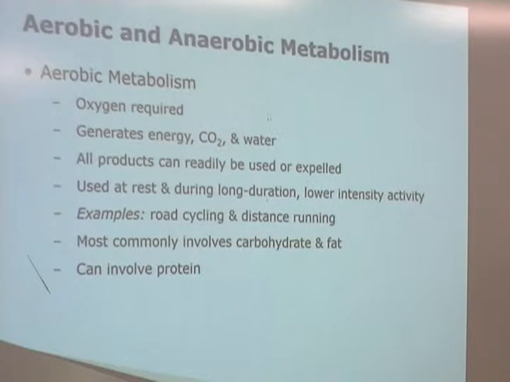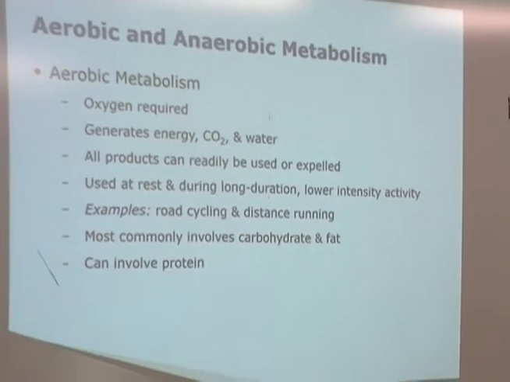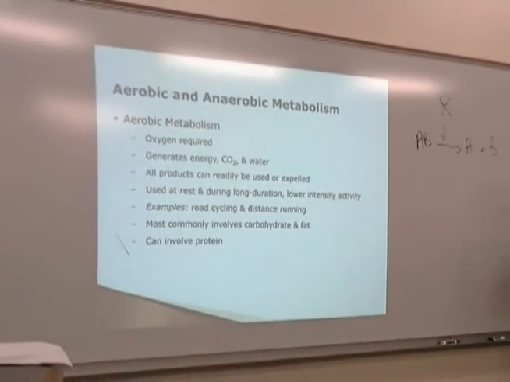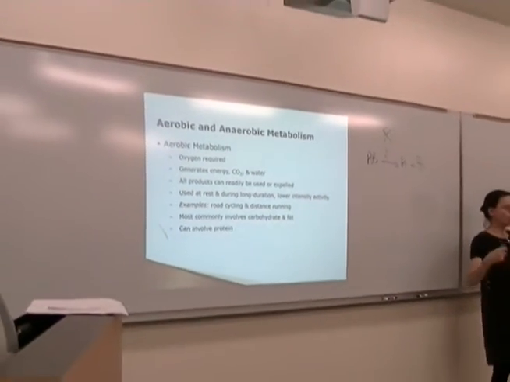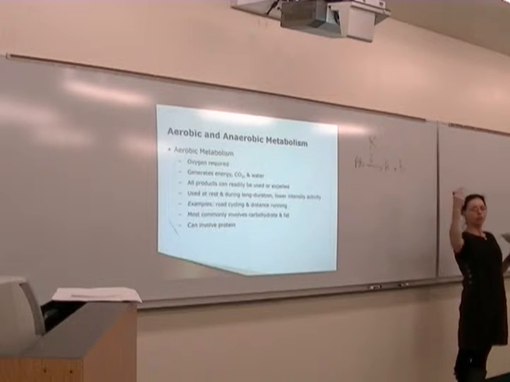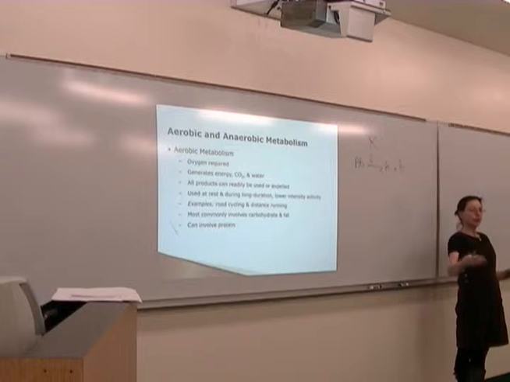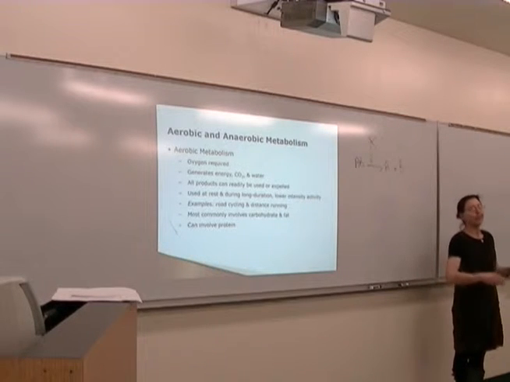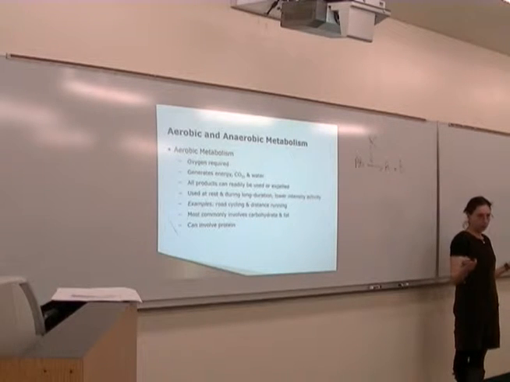So, if I'm looking at sports skills or activity skills, then I'm going to use aerobic energy production for running, for walking, for biking, for swimming, for doing an aerobics class. That's why it got the name aerobics.